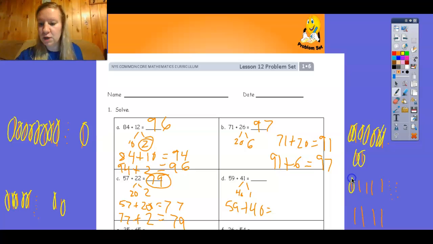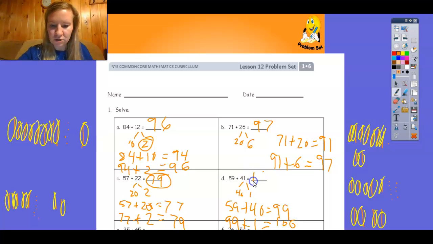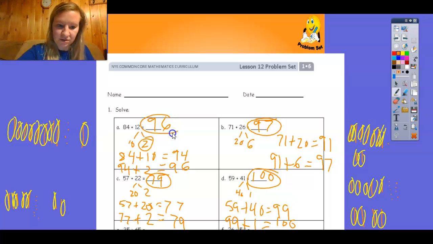Circle my groups of 10. 1, 2, 3, 4, 5, 6, 7, 8, 9. So now I have 9, and then I have my 9 ones left over. So 99, I'm going to say 99 plus 1 equals, so 99 and 1 more is 100. Okay, so my answer here is 100. I'll just go ahead and circle my answers so that you can see them all.